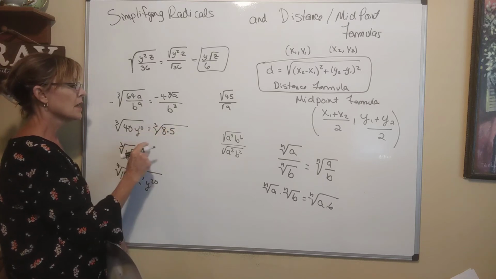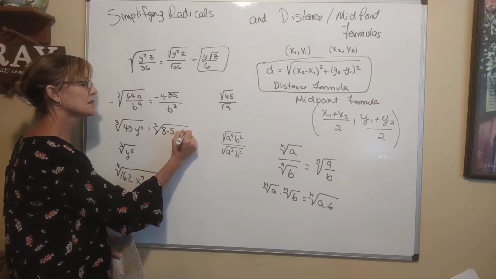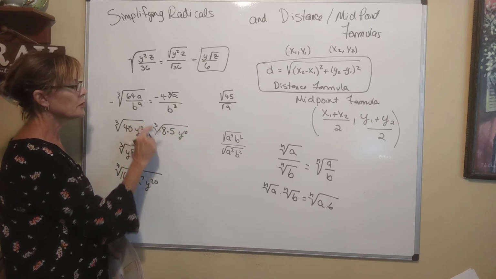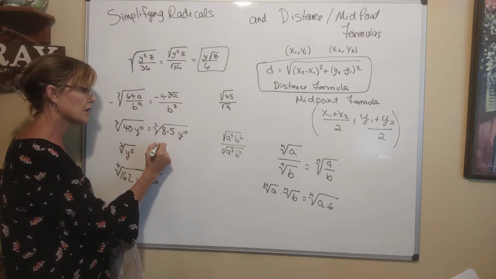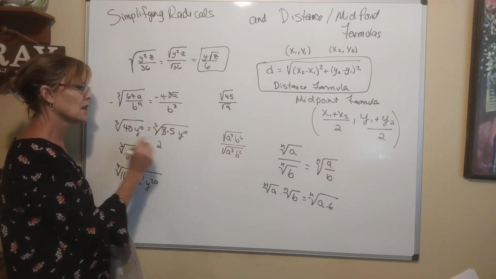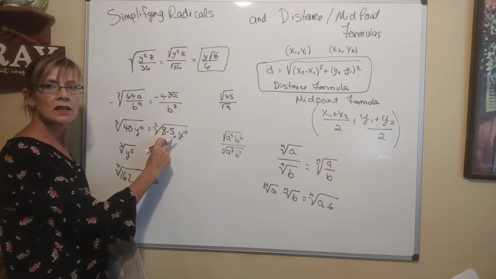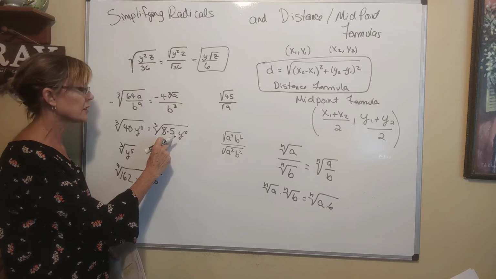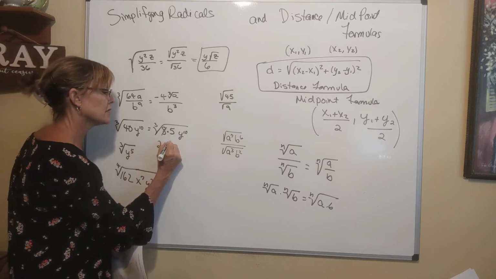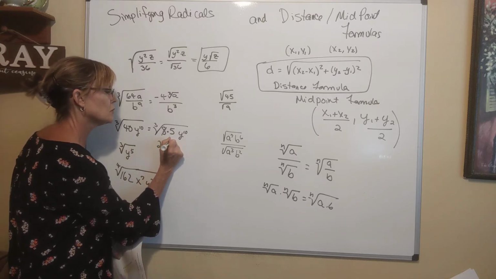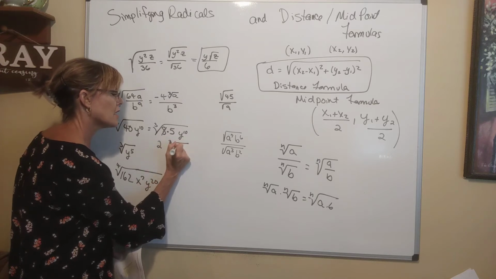And then I'm going to deal with this y to the 10th. The cube root of 8 is 2. So a 2 is coming out right here. That took care of the 8. For the 5, there's not enough factors in here to pull anything out. So what's going to be left over inside the radical is the cube root of 5.